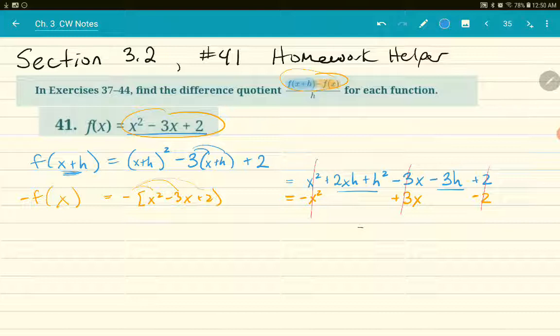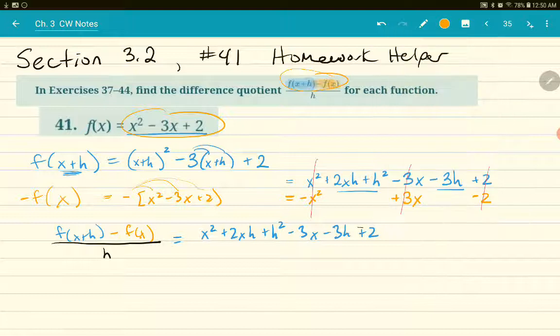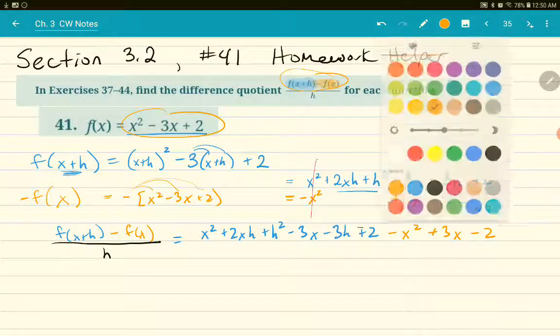So I did, for f of x plus h minus f of x all over h equals, and then I have x squared plus 2xh plus h squared minus 3x minus 3h plus 2, and then I have a negative x squared, a positive 3x minus 2 all over h.